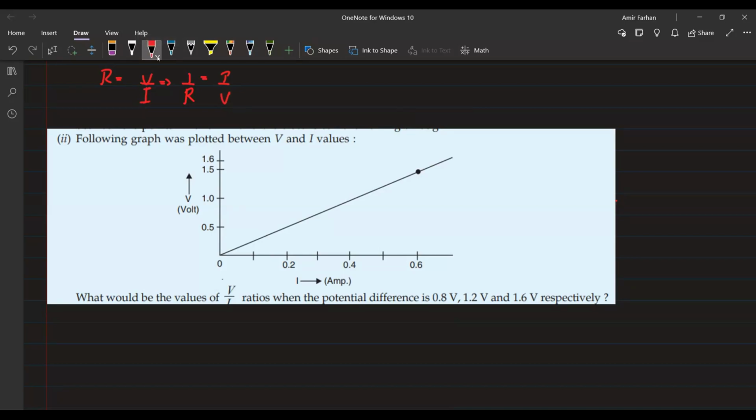Any answer? Anybody? Sir, it will be 2.67, not 2.25. 2.67, yes, sir, I checked it out.